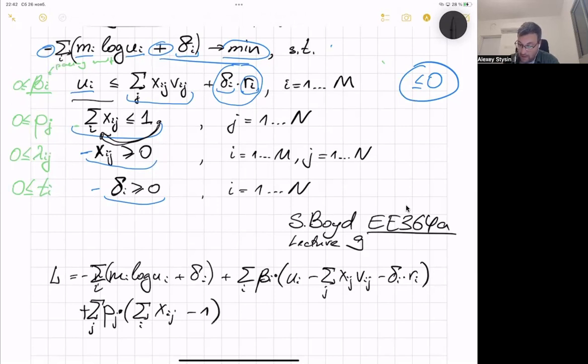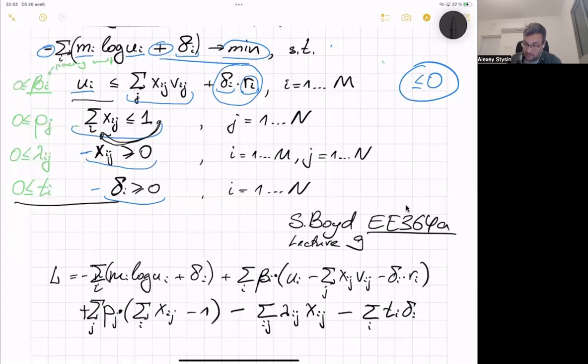And here we have minus the sum over i and j of lambda ij x_ij. And finally, we have minus the sum over items of ti delta i for this one.